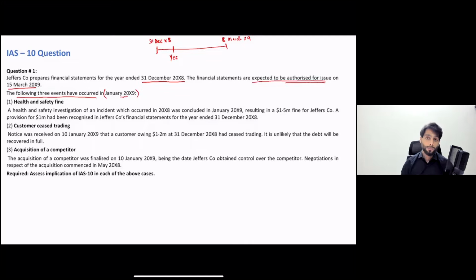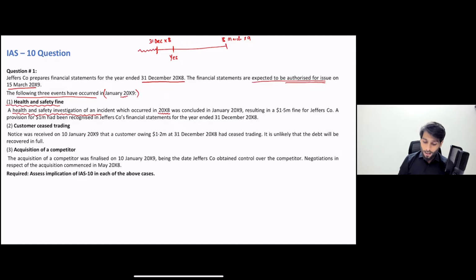That is for sure. Now, the first event, we're talking about a health and safety fine. Your examiner says a health and safety investigation of an incident which occurred in X8. So this incident actually occurred within the reporting period. So the conditions existed at the reporting date, and there was some knowledge about it even at the reporting date.